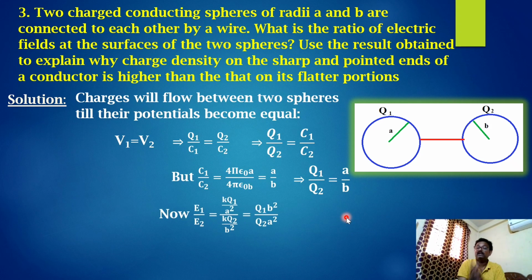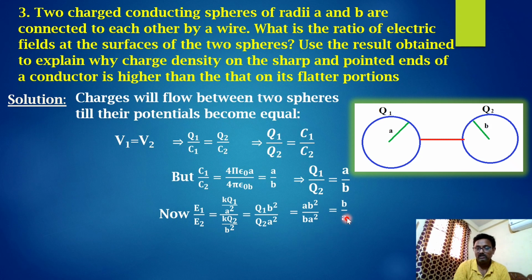Here we have to calculate the ratio of electric fields, that is E1 by E2. E1 means KQ1 by A squared, E2 means KQ2 by B squared. K cancels, then we will get Q1 by Q2 into B squared by A squared. Here Q1 by Q2 means A by B into B squared by A squared.